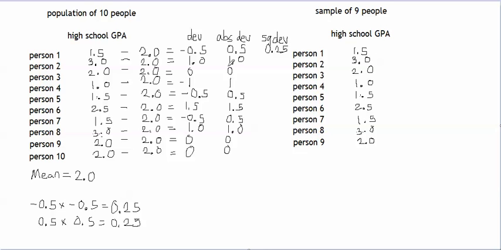One squared is just 1. 0 squared is 0. It actually doesn't matter if we square each of these deviations here, or if we just square the absolute deviations. For example, if we squared this deviation of negative 0.5, we would get 0.25. But if we instead squared the absolute deviation of 0.5, we would still get 0.25. So technically we're supposed to be squaring the regular deviations, but if we squared the absolute deviations instead, we would get the same answers.